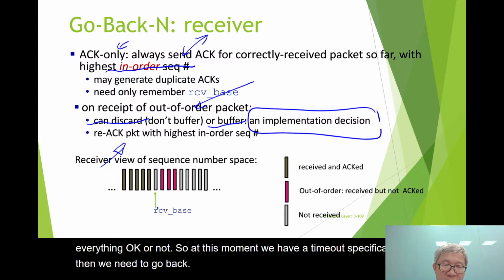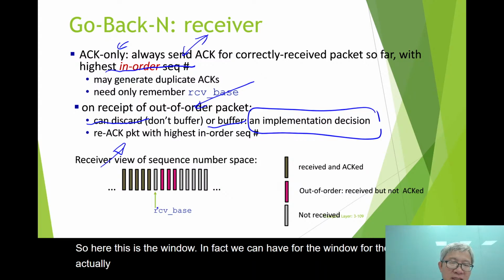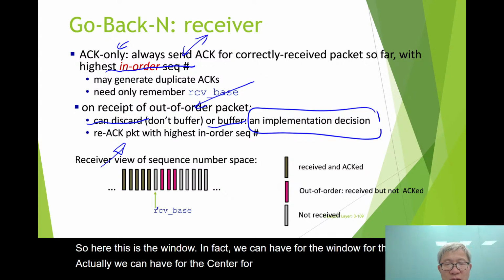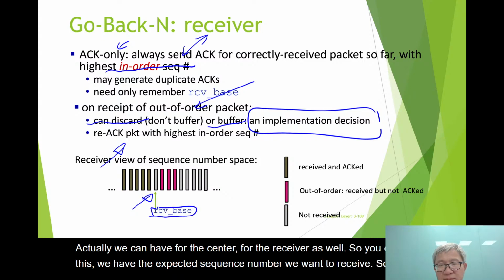Here is the window. We can have the window for the sender, and we can have one for the receiver as well. You can see the expected sequence number we want to receive, which is the receive base.